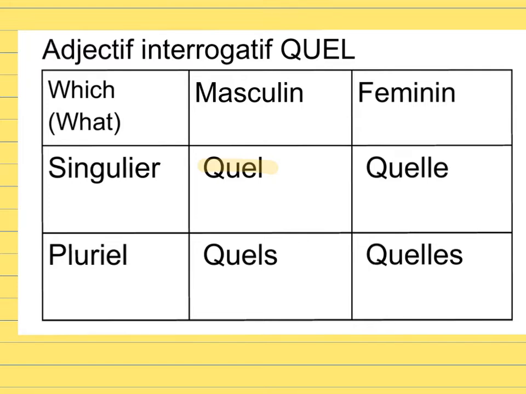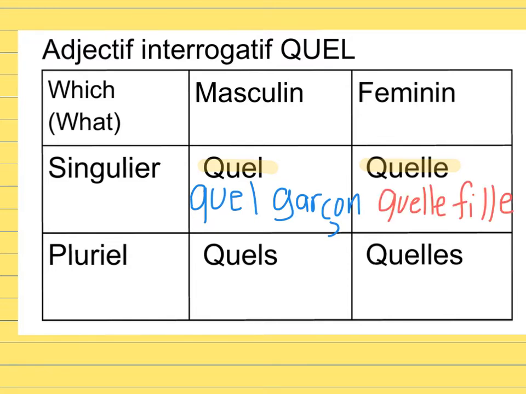That's the masculine form, okay? Now if I want to know which girl, then I'm going to use the feminine, quelle fille. So the masculine quel garçon, and the feminine quelle fille.